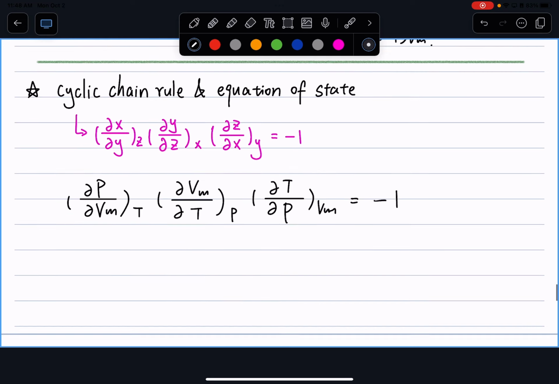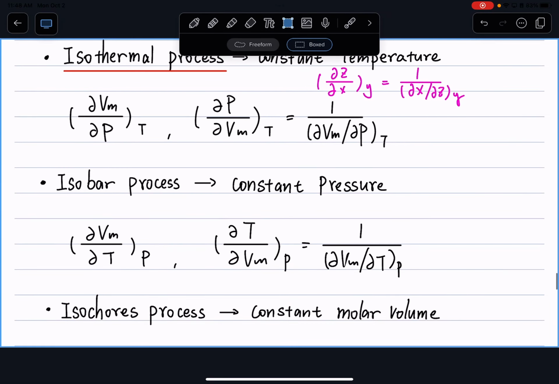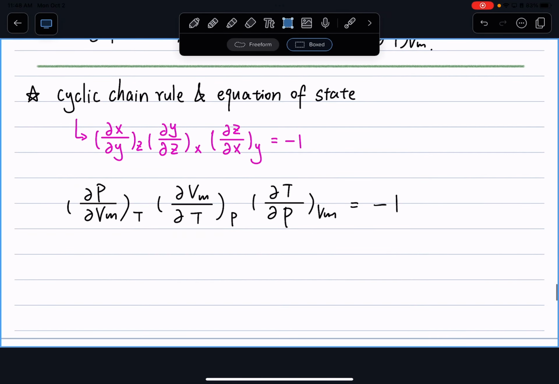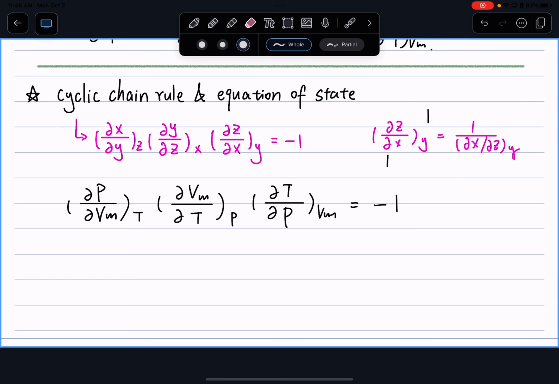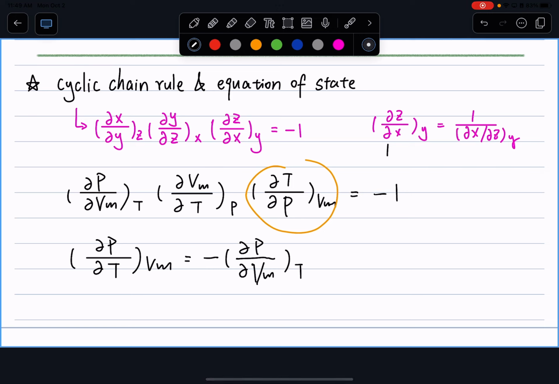Then moving things around using our calculus again, you will end up with the partial derivative of P over T at constant Vm equal to negative the partial derivative of P over Vm at constant T times the partial derivative of Vm over T at constant P.